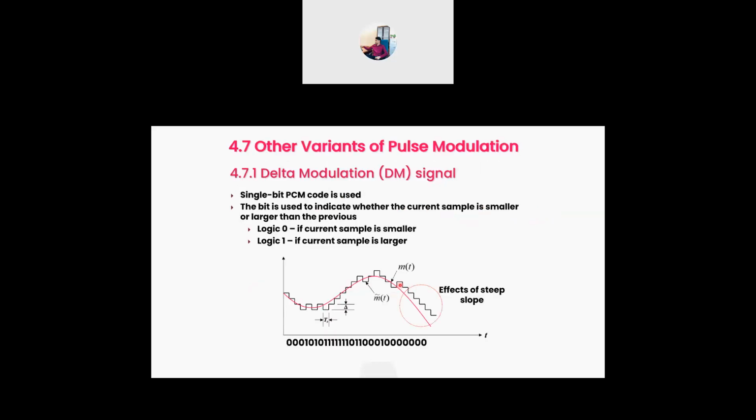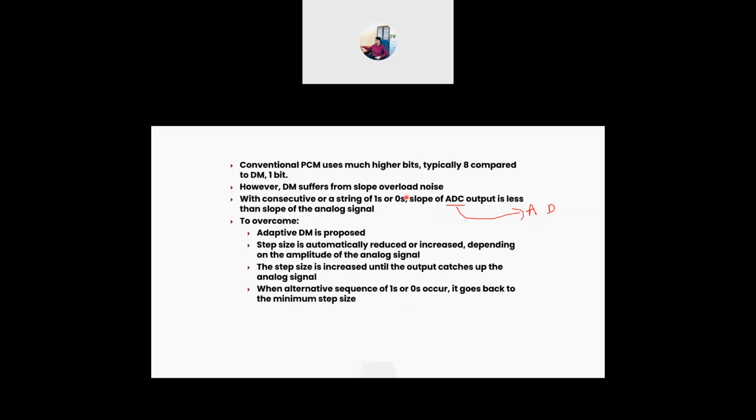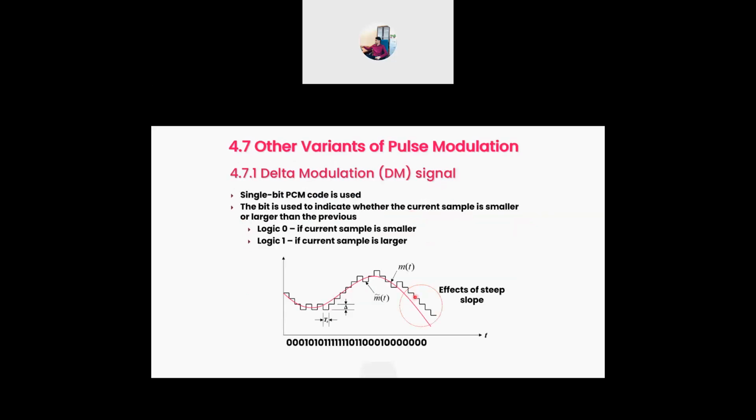If we continue to have strings of ones, then we are going to have slope overload noise, and similarly with a continuous string of zeros. So the slope of the ADC output is less than the slope of our information signal, the analog signal. So we need to address this issue.